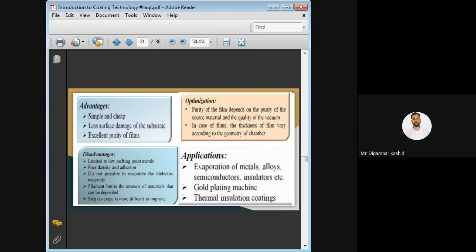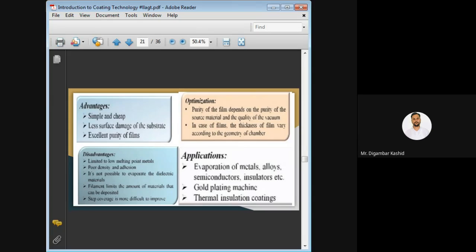Again, in case of the films, the thickness of the film varies according to the geometry of the chamber. How does it vary according to geometry?